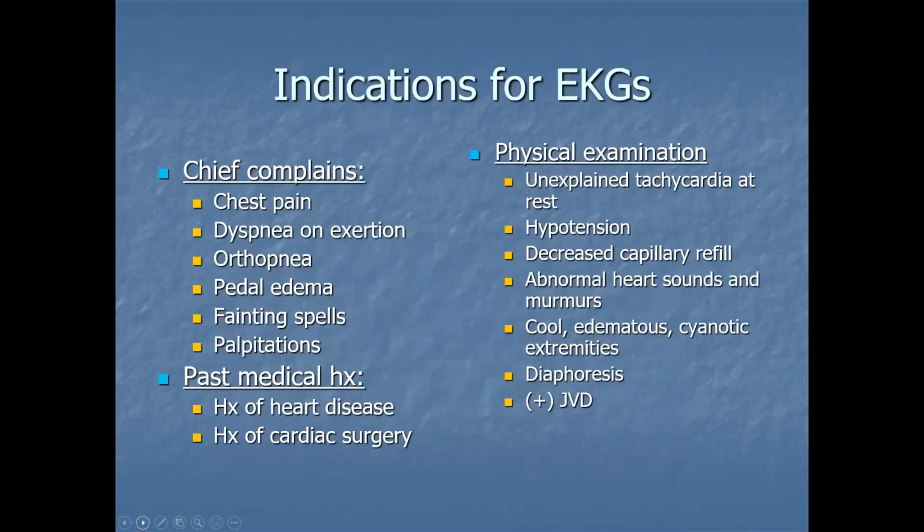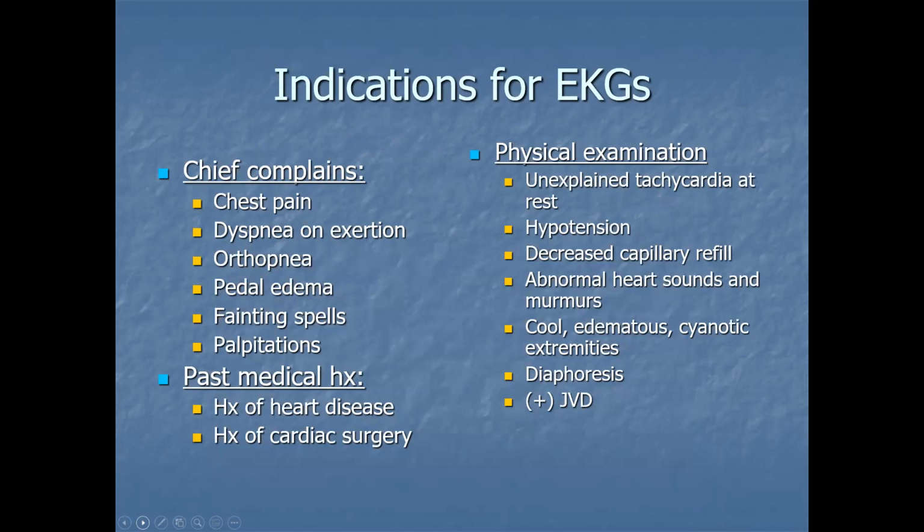Indications for ECGs or EKGs. So an individual has some chief complaints of, let's say, chest pain, dyspnea on exertion. The ECG or EKG can be helpful in making a distinction whether or not it's of a cardiac origin or not. Orthopnea, if you think back, orthopnea is individuals who will develop difficulty breathing when they shift positions.